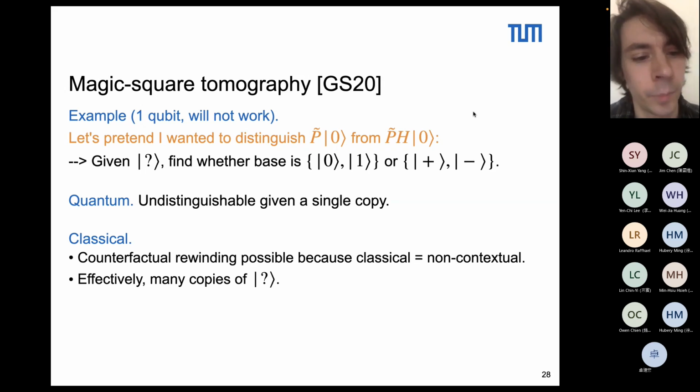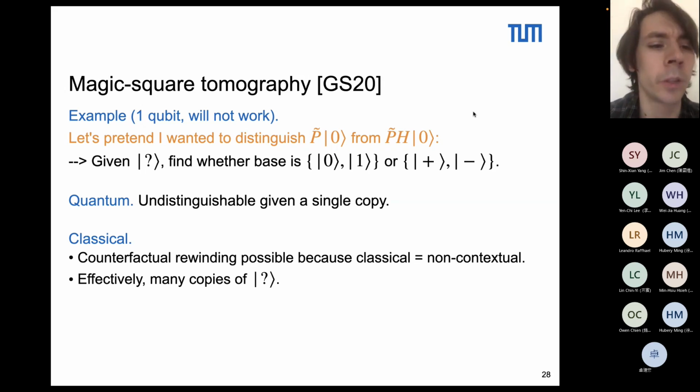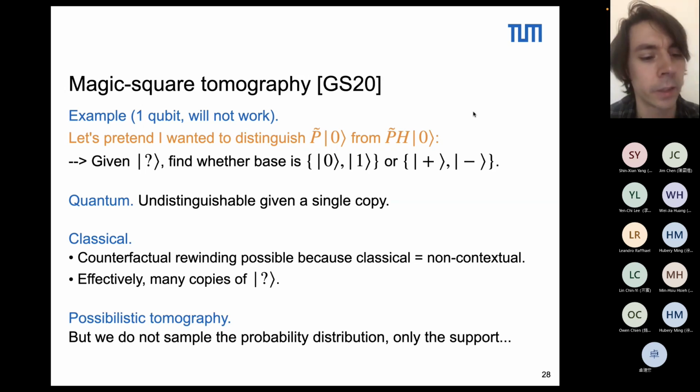If I can make many measurements on many copies, usually I will be able to access the whole probability distribution of the measurement. And normally it's enough to be able to tell whether I have a 0, 1 or plus or minus. However, in this context of possibilistic tomography, it's not going to be enough because we don't sample the probability distribution.